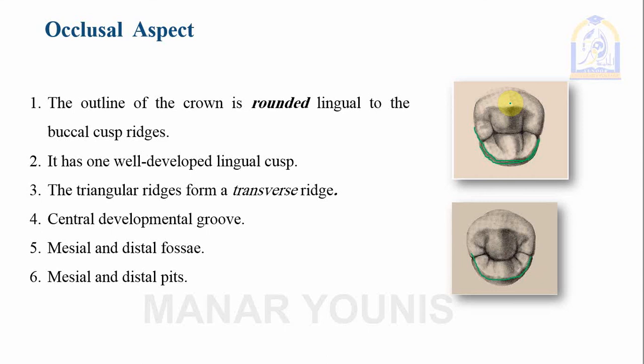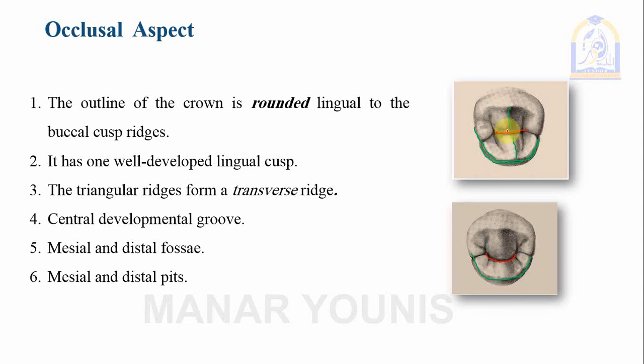There are two triangular ridges, the buccal triangular ridge and the lingual triangular ridge. There will be a central developmental groove, of course. This is the central developmental groove, which will be either straight or crescent in shape.